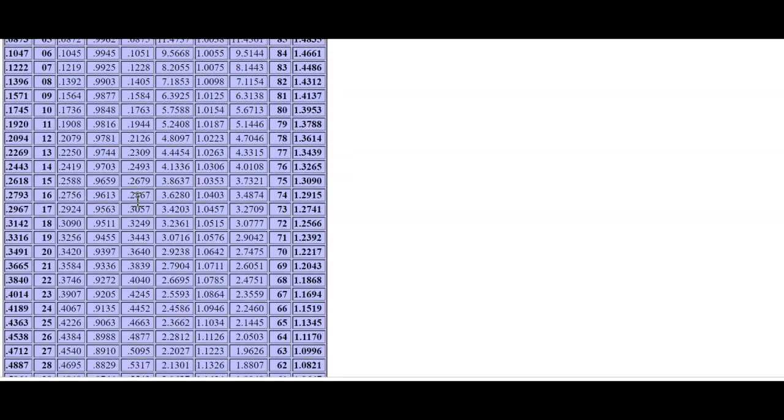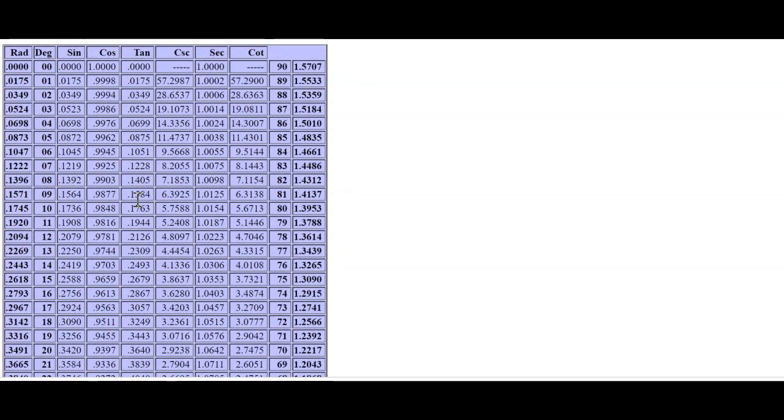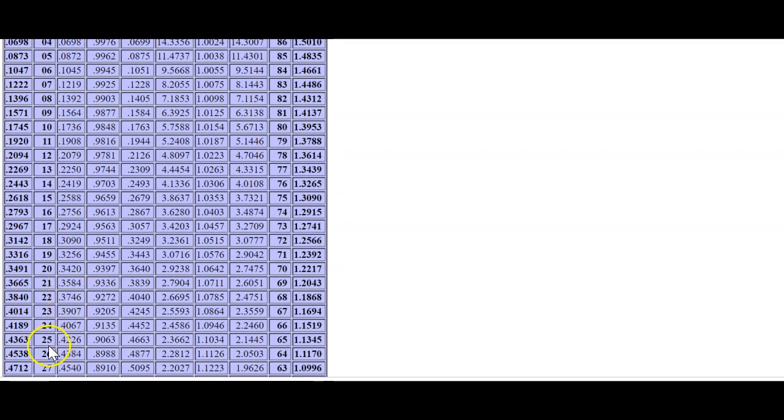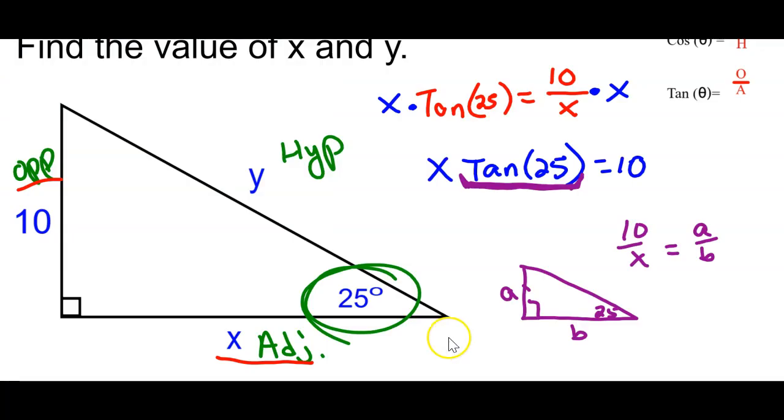So if you scroll down on this chart, remember our tangent column is the third one from the degrees. Right here at 25, the tangent of 25 is this value right here, 0.4663. So what that means is if we go back to this, a over b right here will always equal 0.4663 when you're talking about this 25-degree angle and this side of the triangle over this one.